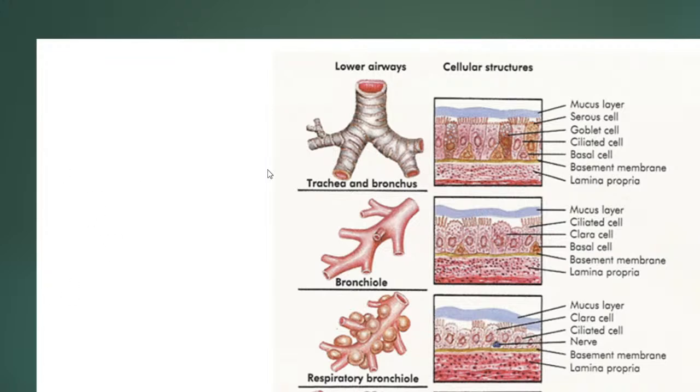It consists of goblet cells which produce mucus and form a mucus layer covering the cilia of ciliated cells. It contains basal cells which lie on the basement membrane, dividing and regenerating this epithelium. And it contains endocrine cells too.